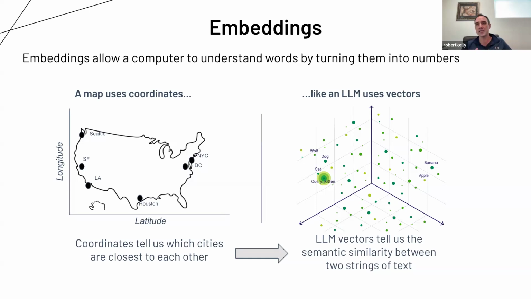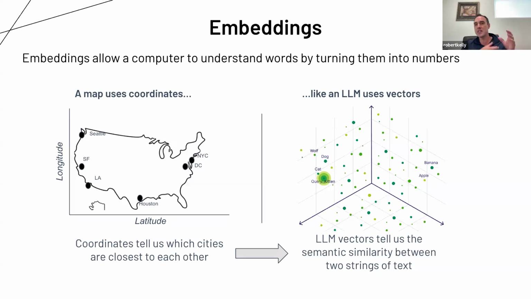If we were to take those cities and encode their location into numbers, what would we be left with? Well, we would be left with their longitude and latitude, an XY coordinate, right? And if we then took those coordinates and compared them against each other, since they're now numbers, a computer could tell us how far a city is from another city, because we can compare the longitude and latitude to see distance.